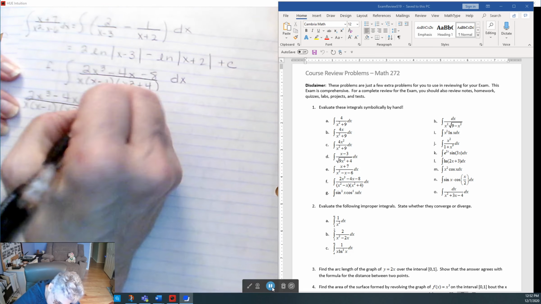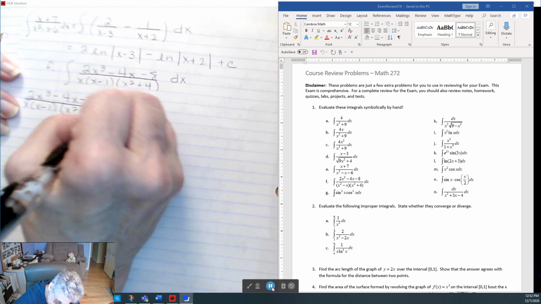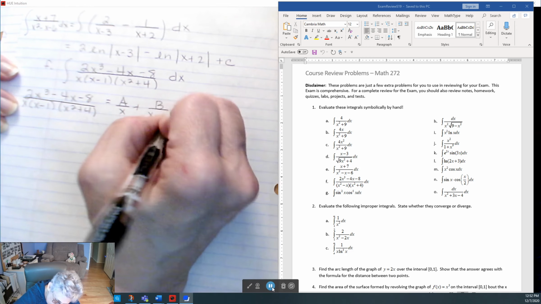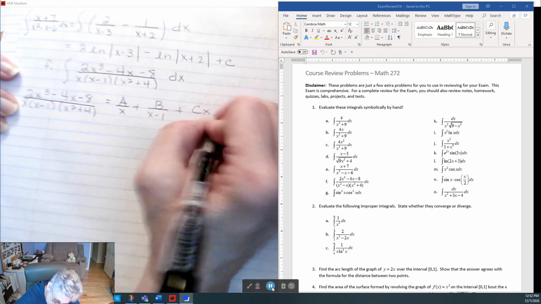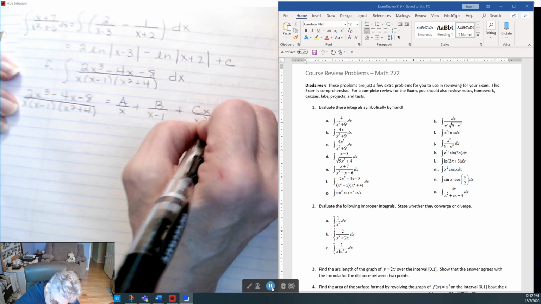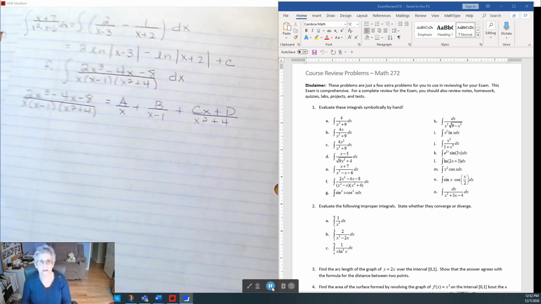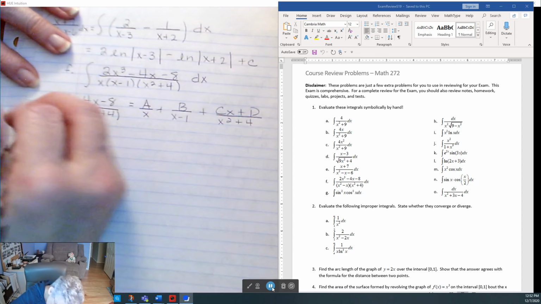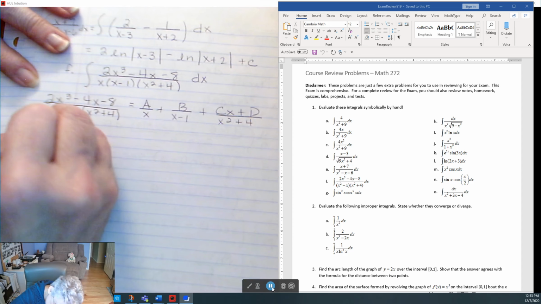A over x, b over x minus 1, and cx plus d over x squared plus 4. So now I multiply by the denominator. I'm left with the numerator on the left-hand side.